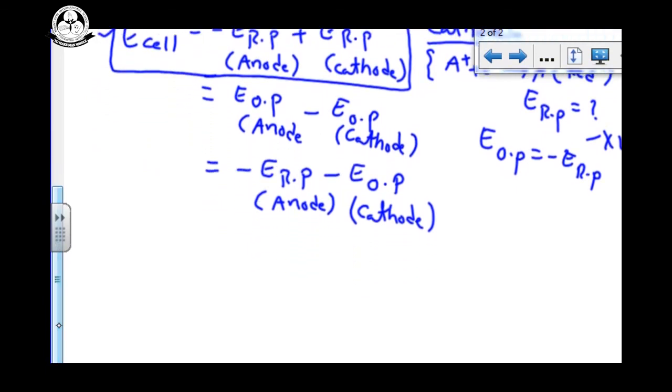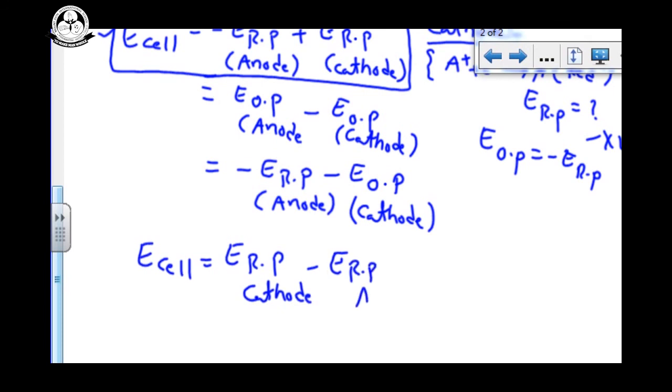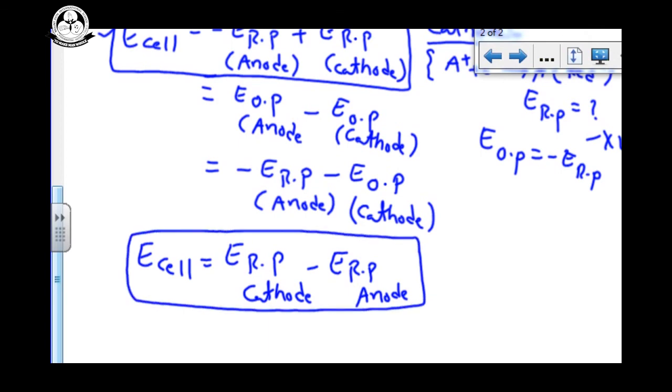I am going to write again. E cell is equal to E reduction potential at cathode minus E reduction potential at anode. This formula only we are going to use for the calculation of the EMF of the cell.